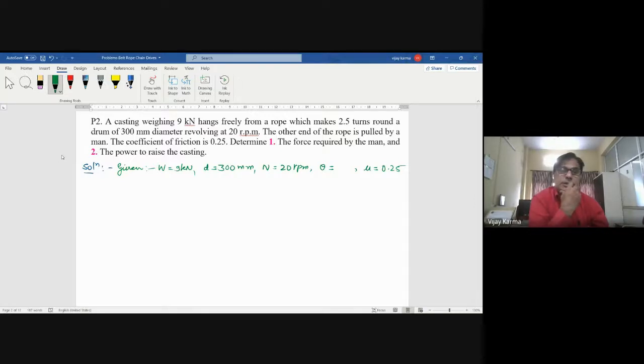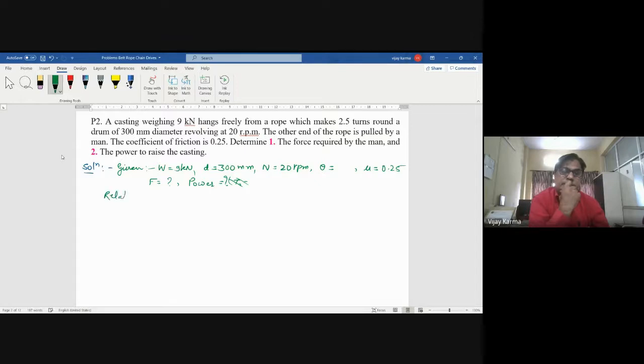Now, what to find? Number one, the force required by the man, and the power to raise the casting. Okay, now let's take the relations. Then write the relations.